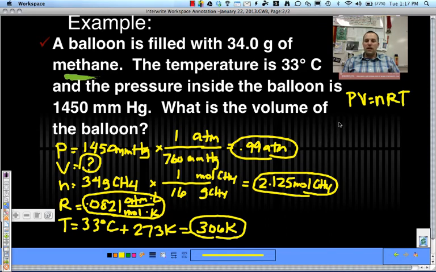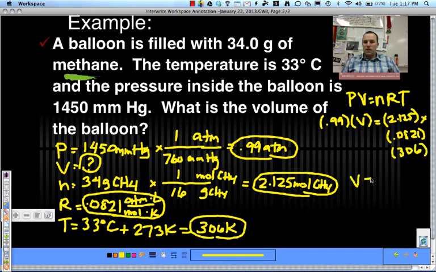PV = nRT. Plug it in. The pressure is 0.99. The volume is what we're solving for. N is 2.125. R, sorry, I ran out of room. R is 0.0821. And the temperature is 306 Kelvin. Okay?